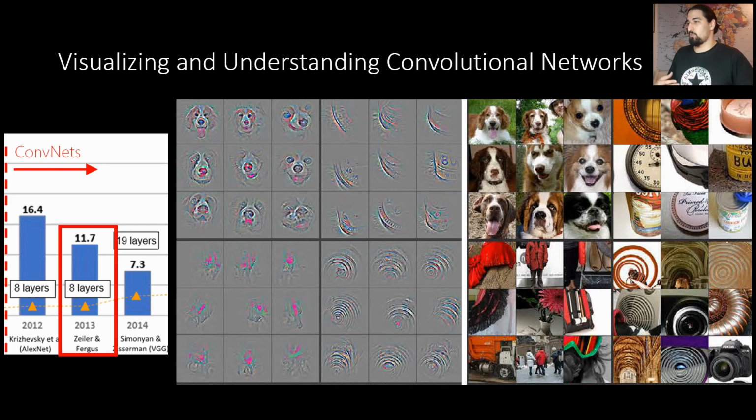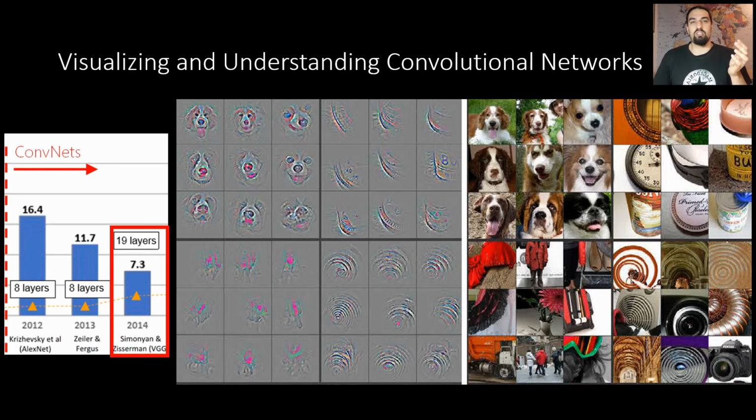And you can see here on the screen that in the top left corner, this feature map gets triggered by dog faces in the input images. On the top right, you can see that this feature map really likes some round objects, and bottom right, you can see that this feature map particularly likes spiral objects.